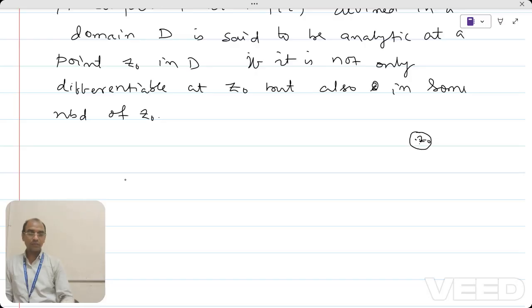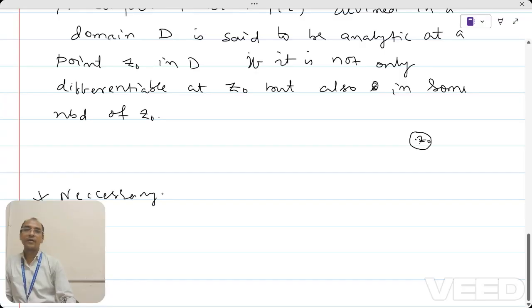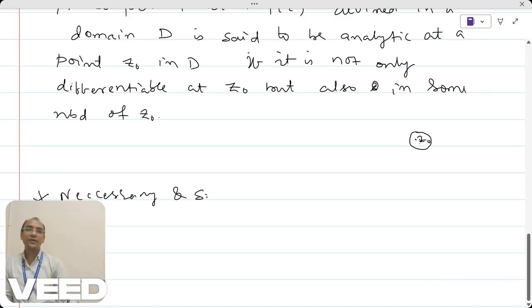And that theorem is like this: the necessary and sufficient condition to be an analytic function.